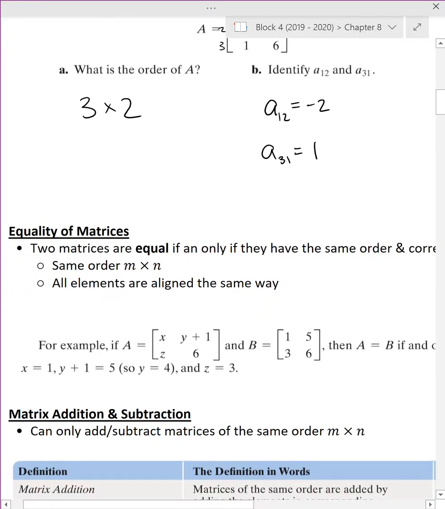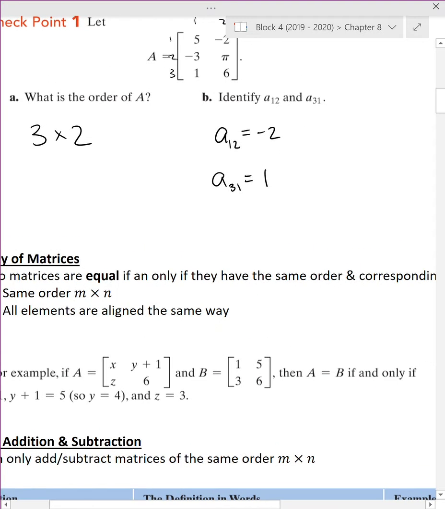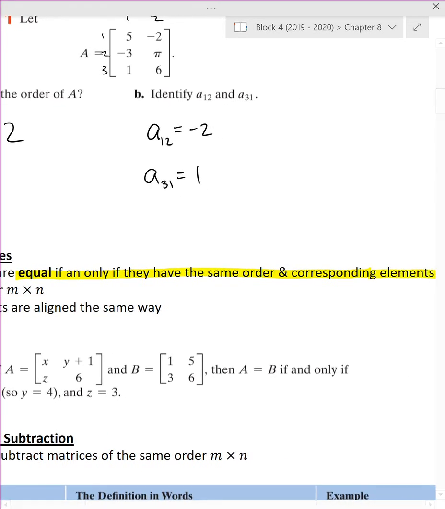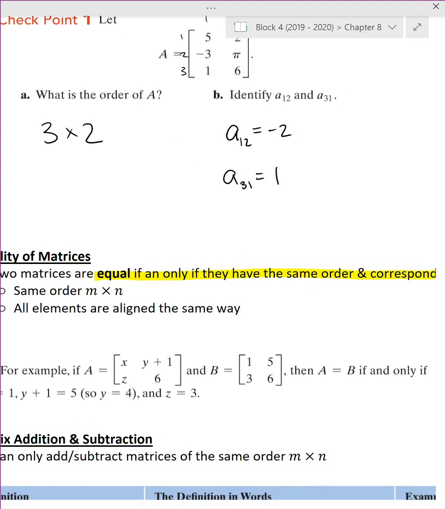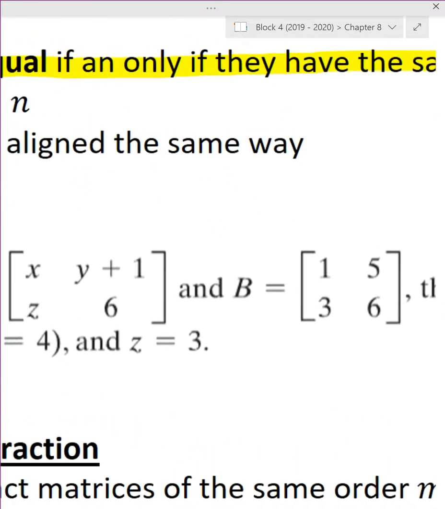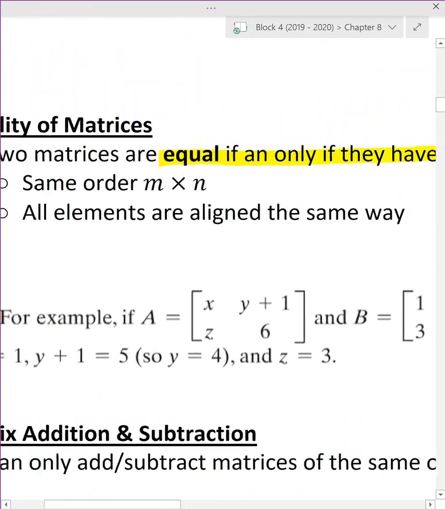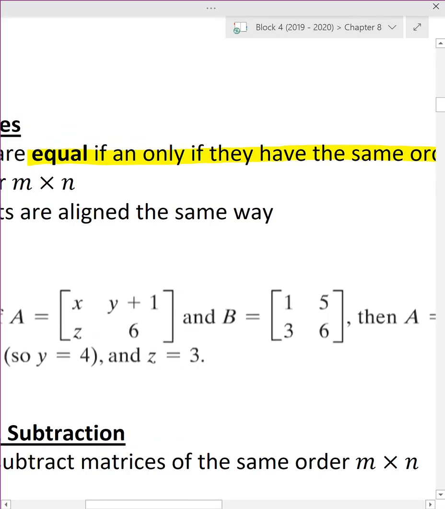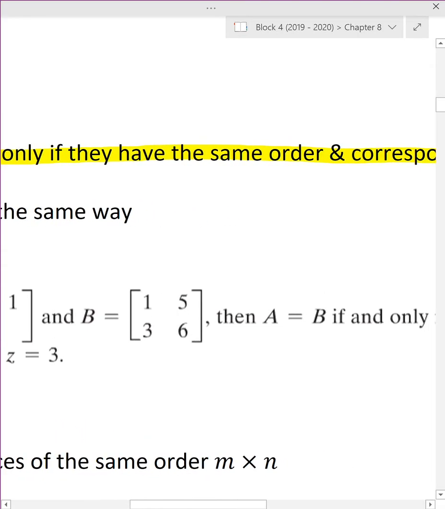Now, equality of matrices, something to keep in mind, which does make a lot of sense. Two matrices are equal if and only if they have the same order and corresponding elements. So they've got to have the same size and all the elements have to fall in the same spot. For example, if matrix A equals matrix B, then A will be the same as B if and only if what happens?